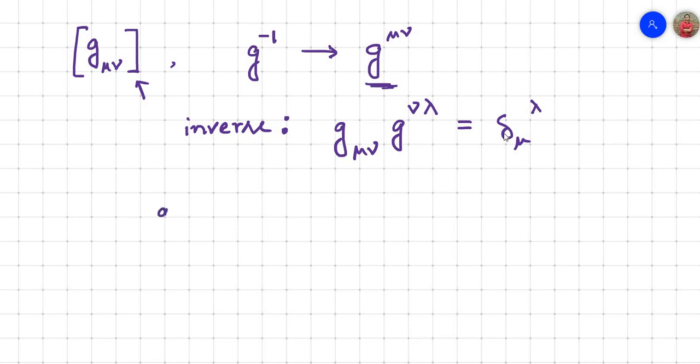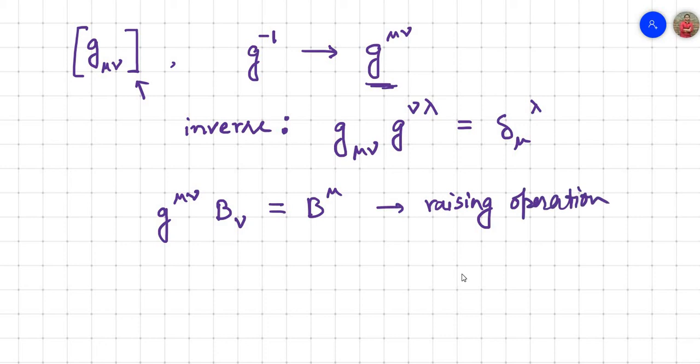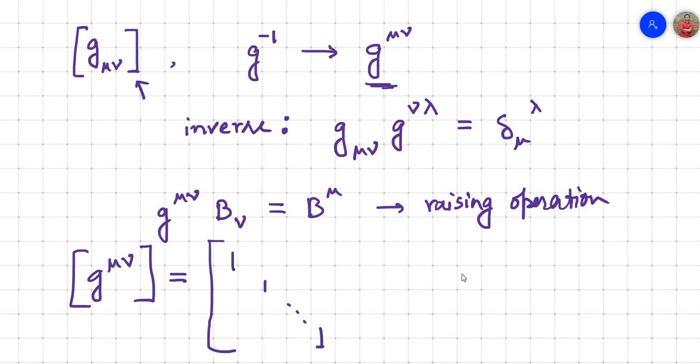We have g mu nu times the vector b nu, and the resultant vector is b mu with a contravariant index. So this is called the raising operation. As you can guess, the matrix representation of the inverse tensor in the Cartesian coordinate system will also be 1 on the diagonal and 0 in the rest of the places.